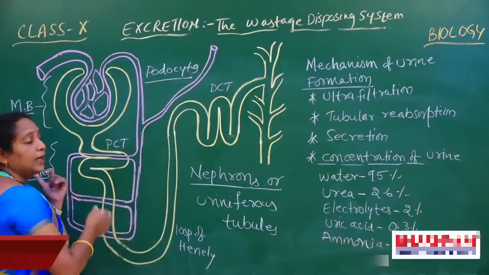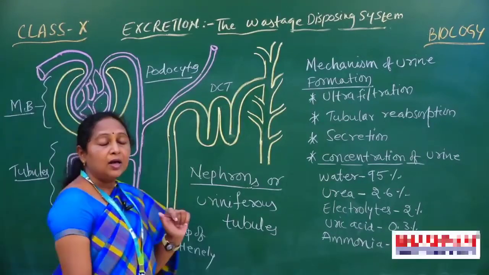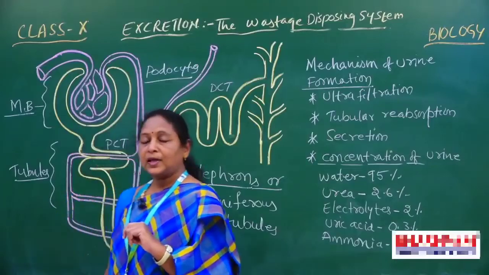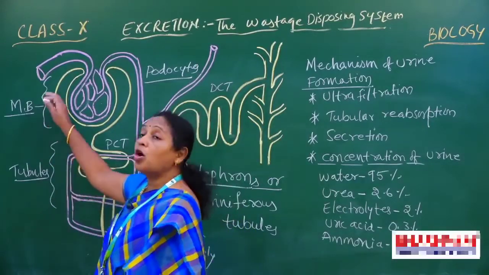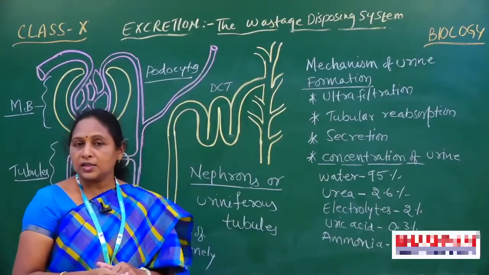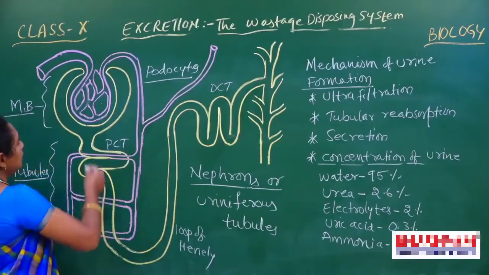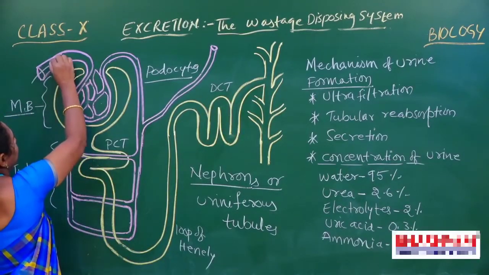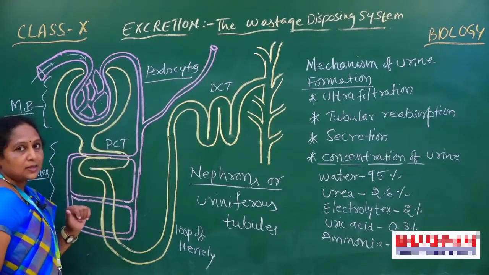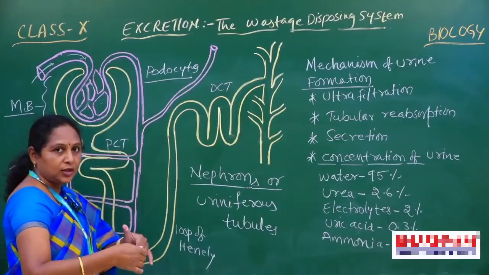So let me discuss when this blood comes, which type of blood and which blood vessel brings the blood? Renal artery. The renal artery brings oxygenated blood with loads of waste. This oxygenated blood, when it enters through the renal artery, flows out through the glomerulus. Here the glomerulus helps to filter it.